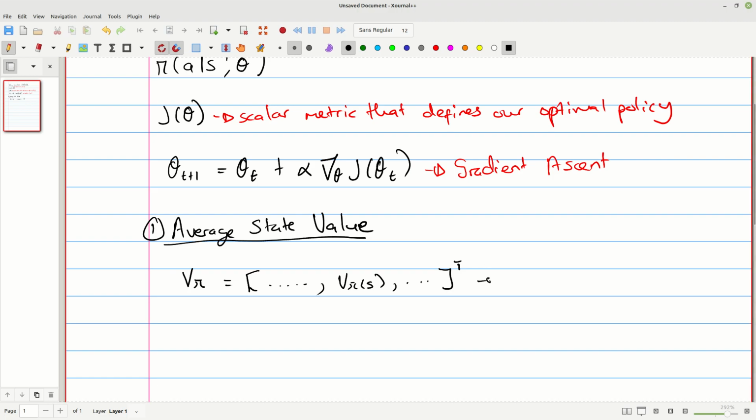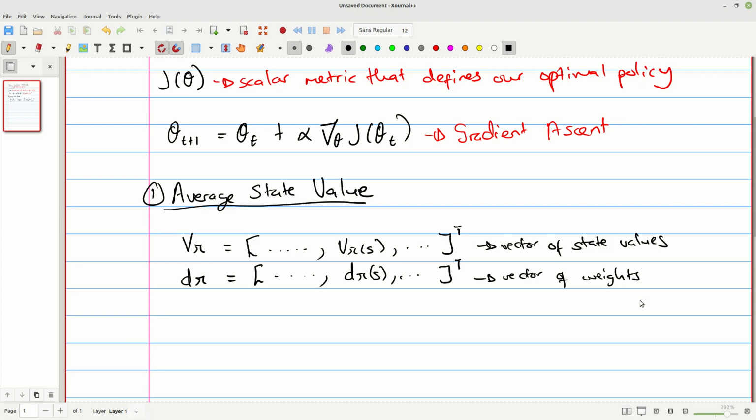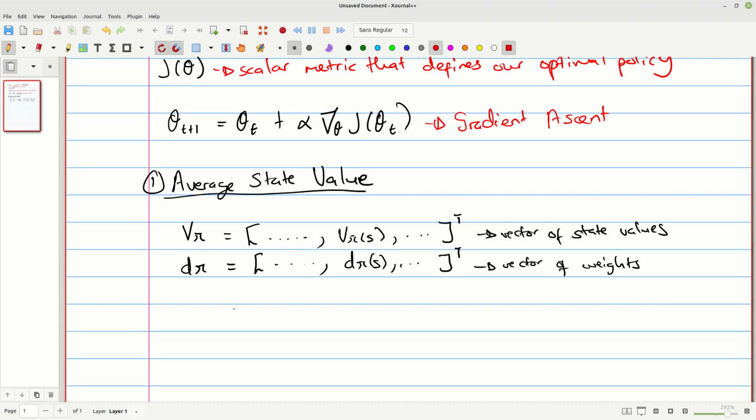Then we look at another parameter called d pi, and this is another vector, a vector of weights. What are these weights for? They indicate how important each state value actually is. And the assumption here would be that the summation over all s of d pi of s should be equal to 1.